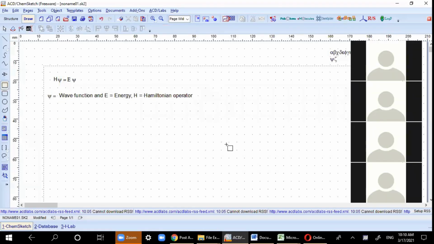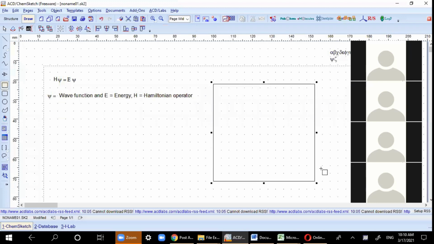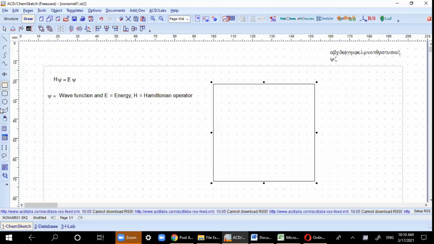Let us assume the one-dimensional box, and within this box let us keep our electron somewhere.